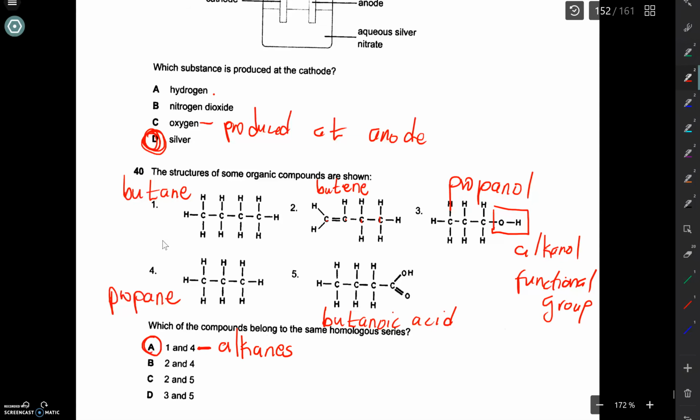Alkanes, and this one belongs to a series called alkenes. This one belongs to alkanols, and this one, butanoic acid, belongs to carboxylic acid. Alright, and these two are alkanes.